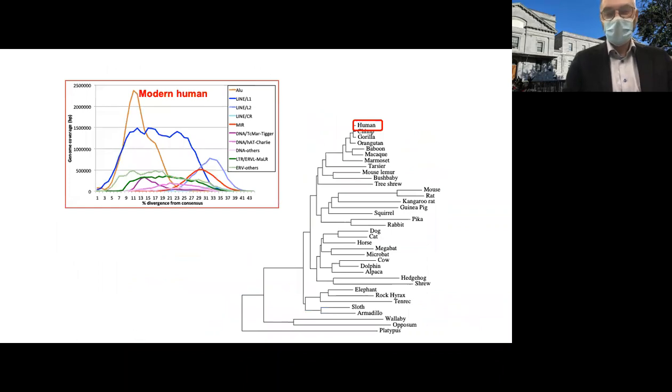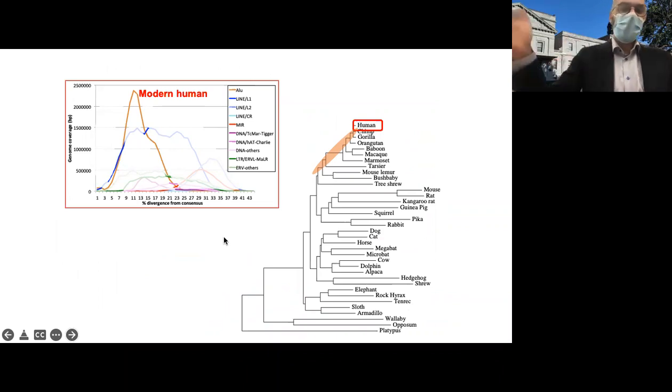And it yields a picture like this one, and I'll just highlight a couple of examples. There's a particular family of transposable elements called Alus that has been extremely active in the relatively recent past in terms of human evolution, maybe the last 50 million years, let's say. And we see a very large number of copies of Alus in the human genome.